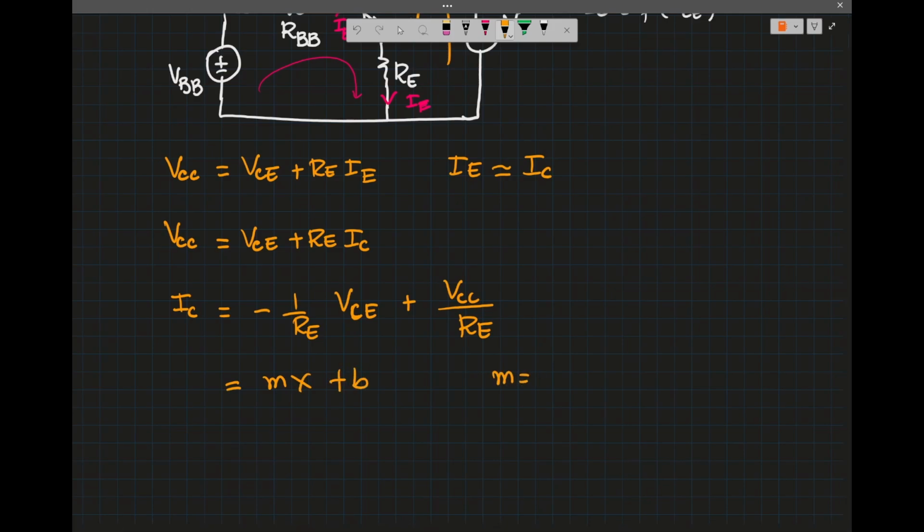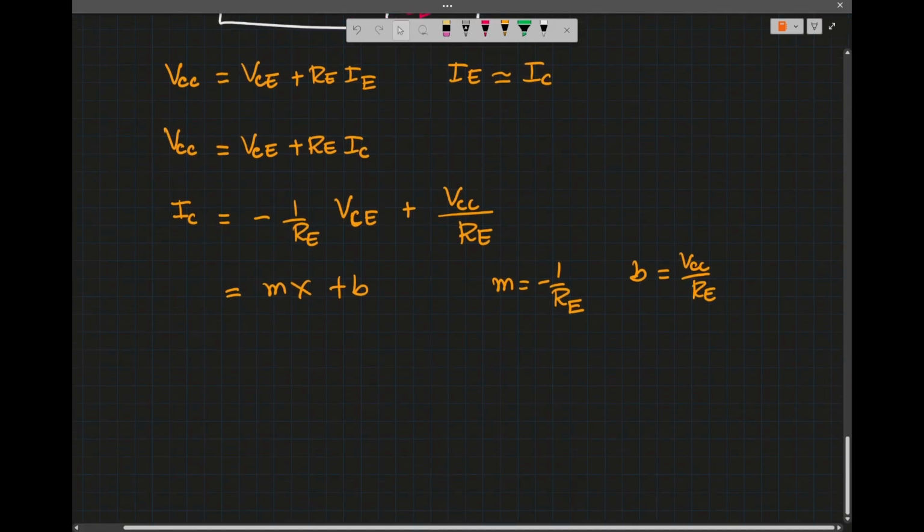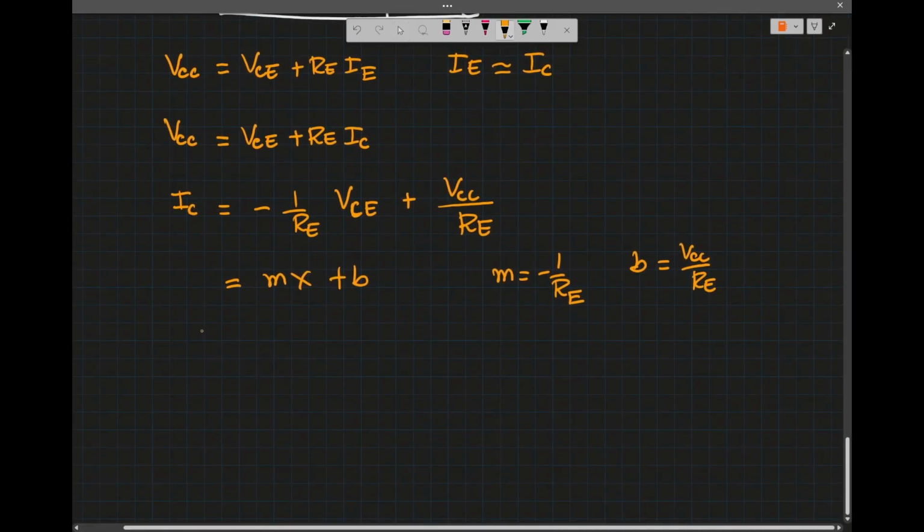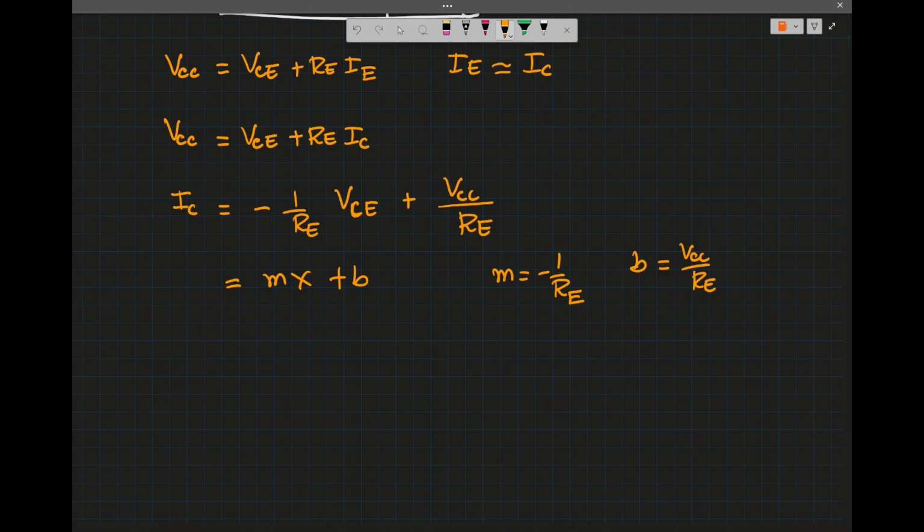So the slope is minus 1 over RE. And b is VCC over RE. So when I plug them in for the DC load line, we know that RE equal to 1 kilo ohm.